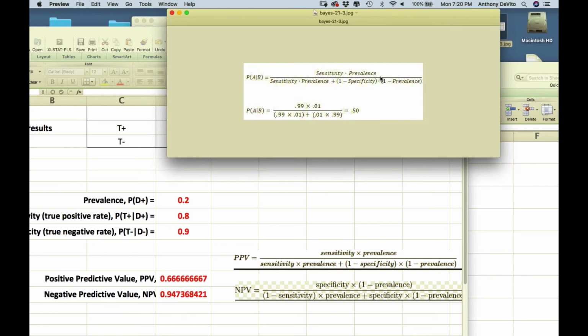That's the percentage of the population that have the disease and test positive. Those are our true positives. Down on the bottom, we have 8%, it's the same thing, our true positives, right?